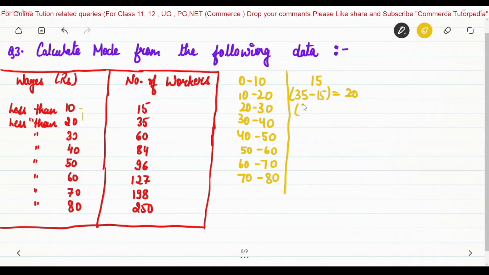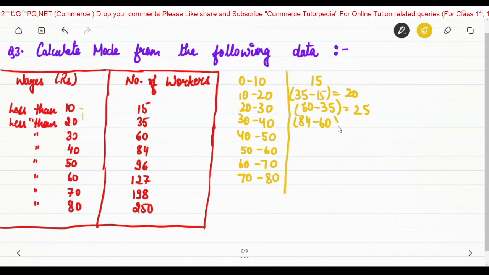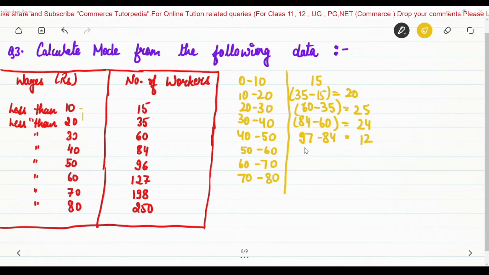We subtract 35 from 60 and we get 25. Then let us subtract 60 from 84, we get 24. Then 97 minus 84, it is 13. Then 127 minus 97, here it is 30.